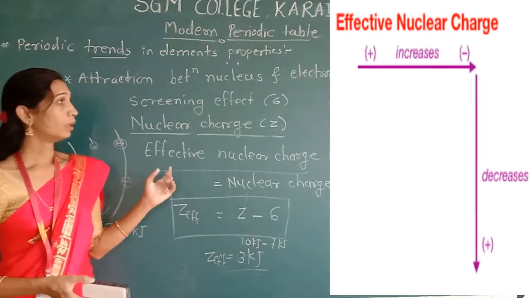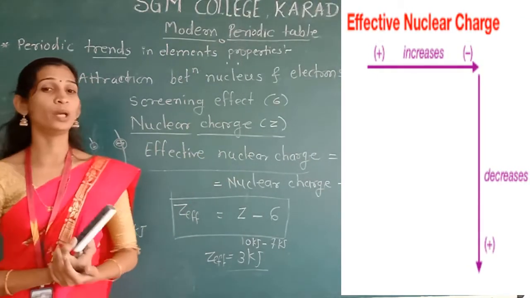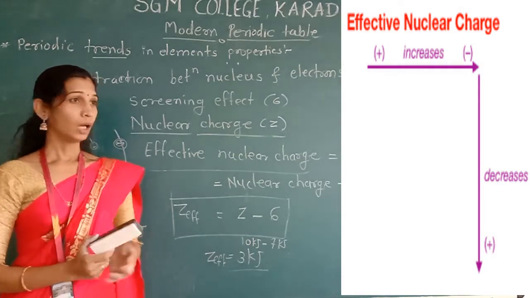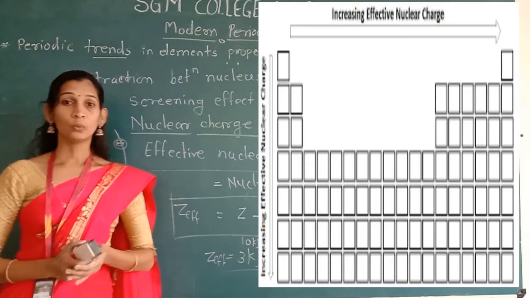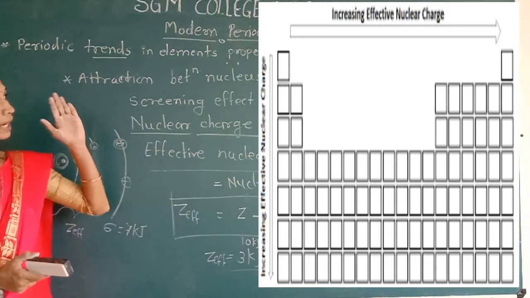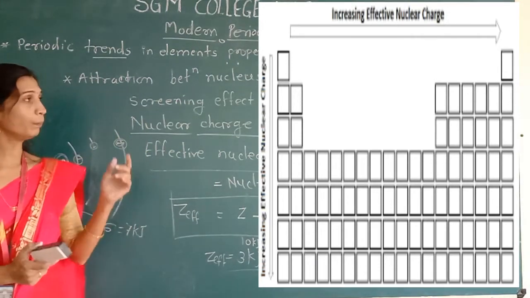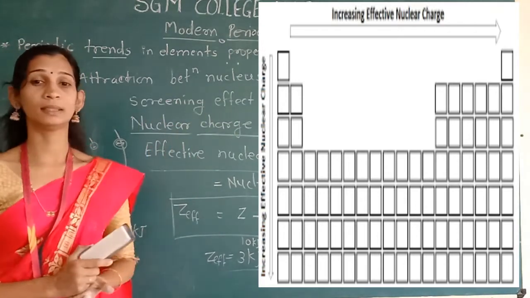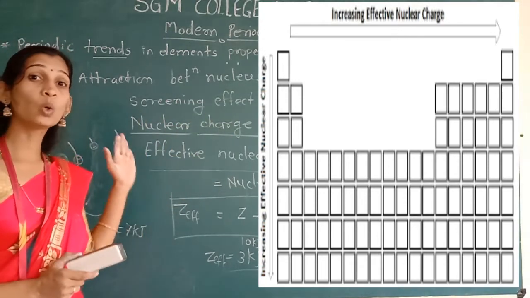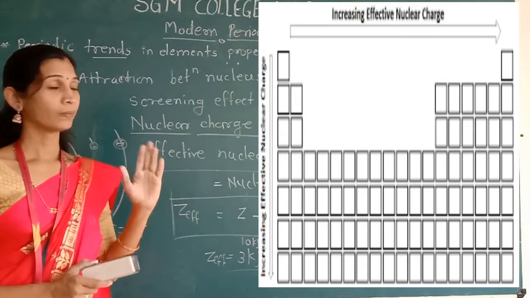Now if we consider the periodic table, the effective nuclear charge when we go from left to right, जर आपण periodic table च्या left बाजूकडून right side कडे जसं जाऊ तसं it goes on increasing.